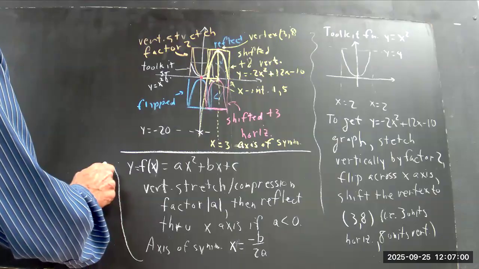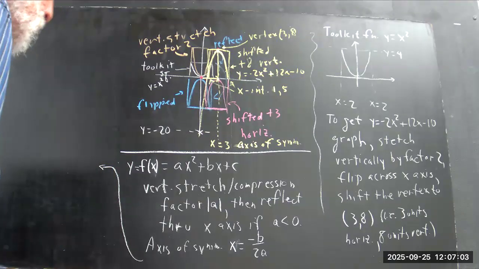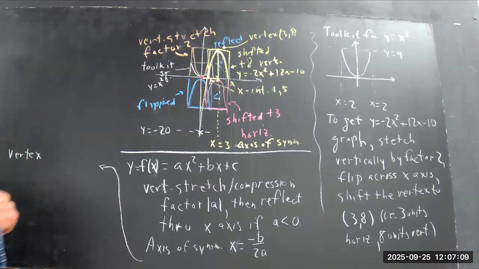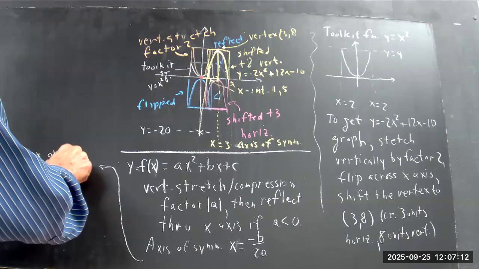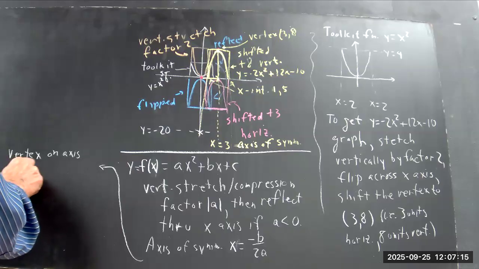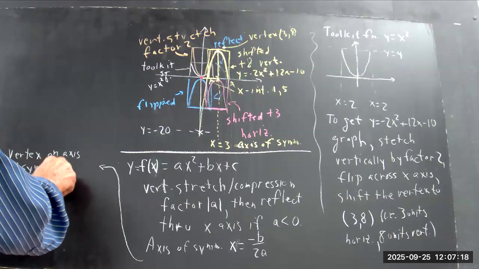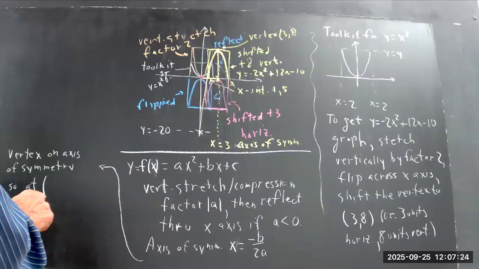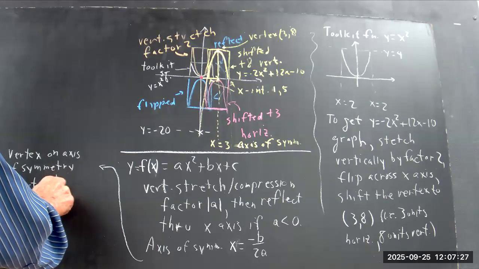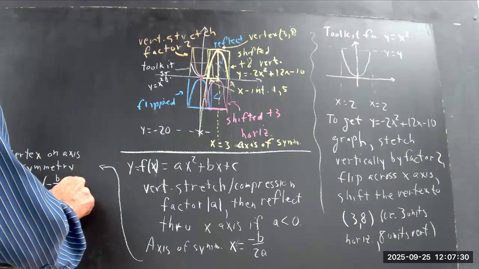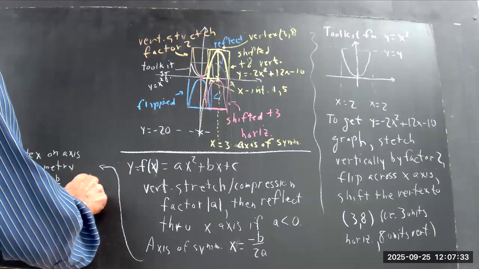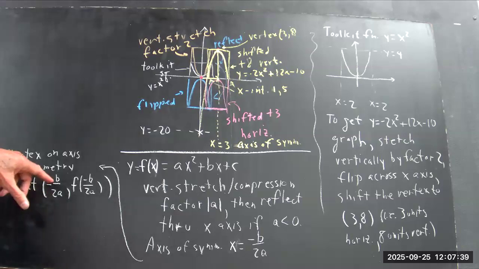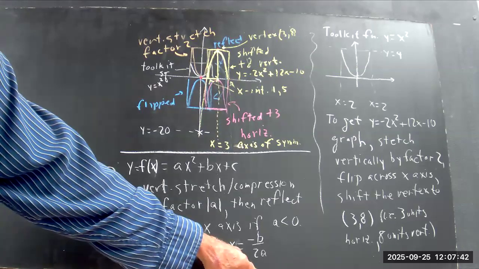Let's just come over here and say that the vertex is at x equals negative b over 2a.